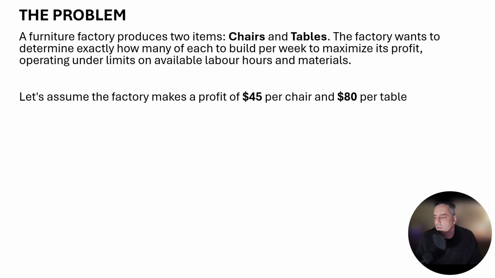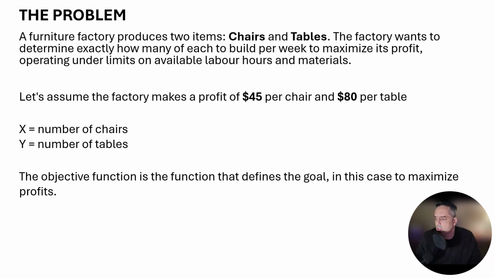So let's assume the factory makes a profit of $45 per chair and $80 per table. X is the number of chairs and Y is the number of tables. The objective function is the function that defines the goal, in this case to maximize profits. Some optimization problems are about minimizing and some are about maximizing. With profits, usually you want to maximize, right?